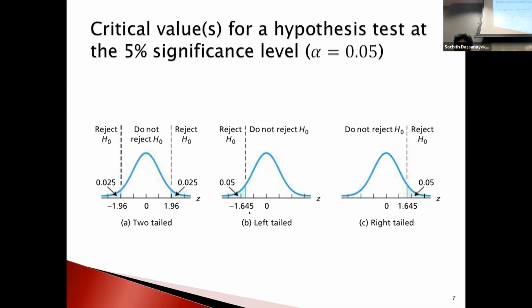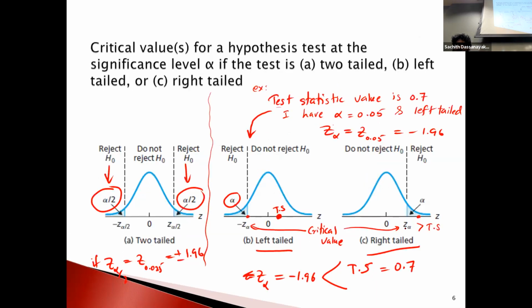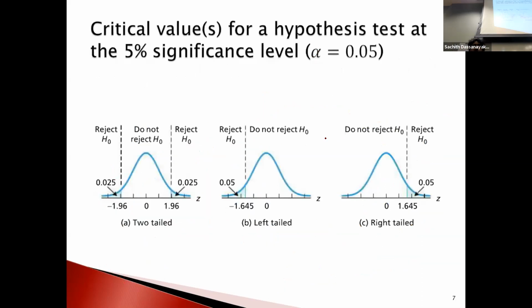See this one, negative 1.645. If alpha is 0.05, the same thing applies. Alpha is a 5% significance level, so alpha is 0.05.